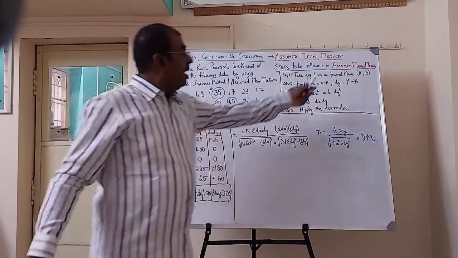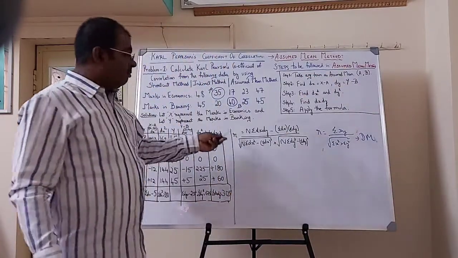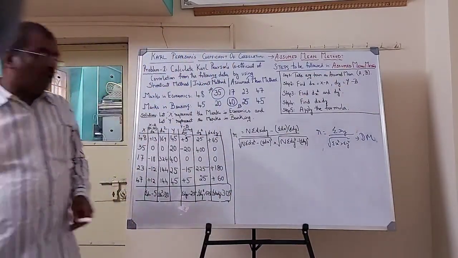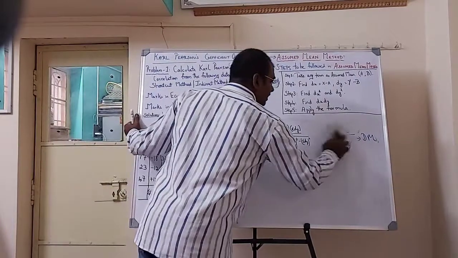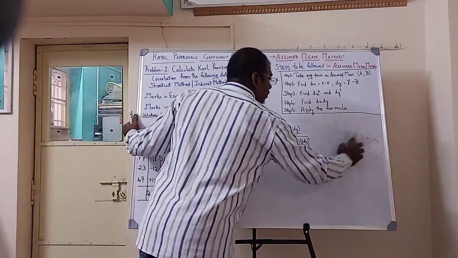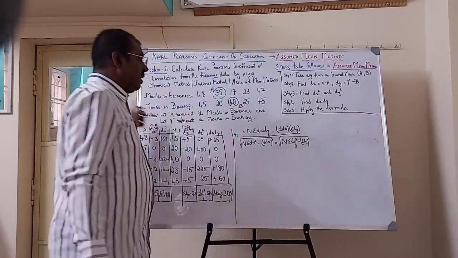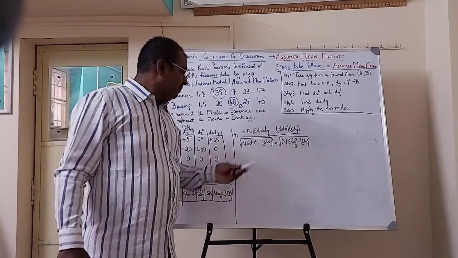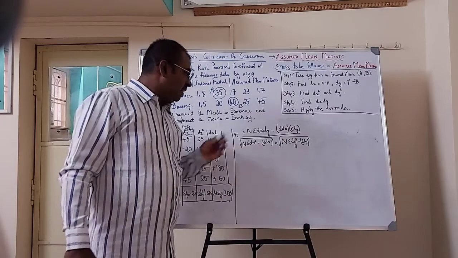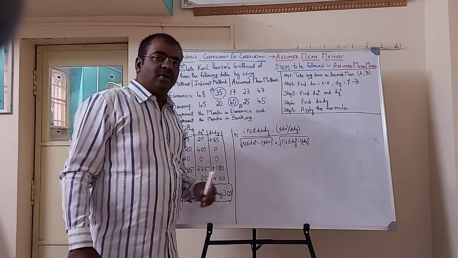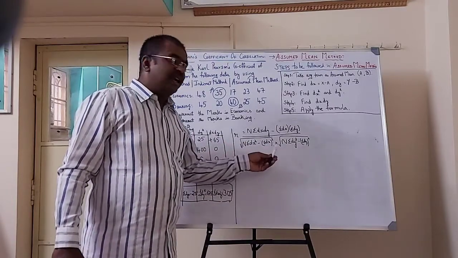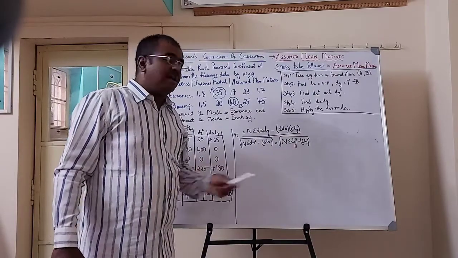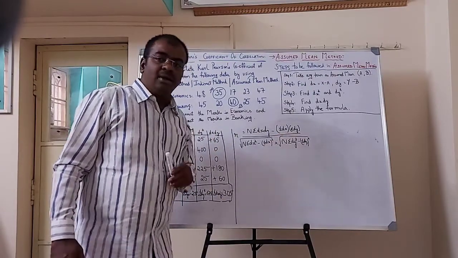But under the assumed mean method, the formula for calculating coefficient of correlation is R is equal to n sigma dx dy minus sigma dx sigma dy divided by square root of n sigma dx square minus sigma dx the whole square into square root of n sigma dy square minus sigma dy the whole square.